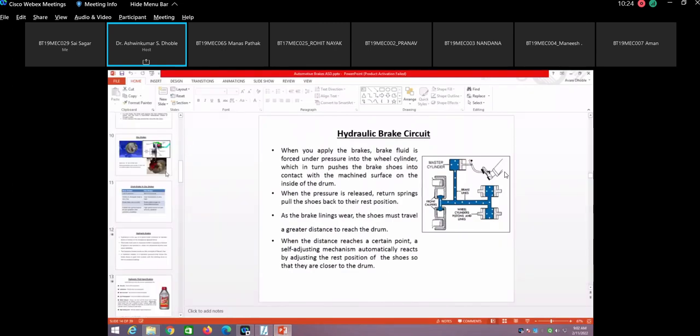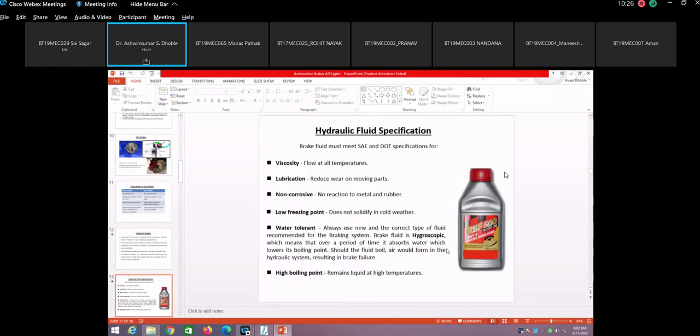generally the fluid which is used for the hydraulic brake, the brake fluid, must have SAE and DOT specification. DOT is Department of Transportation. Usually this Department of Transportation gives the specification from the point of view of safety.